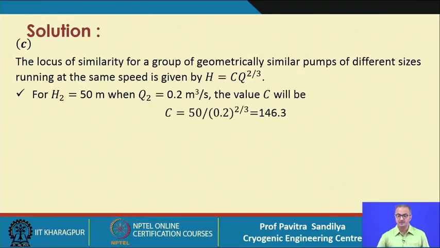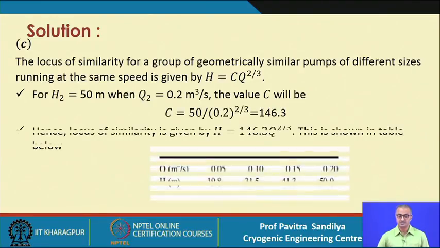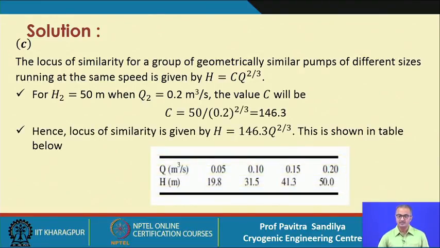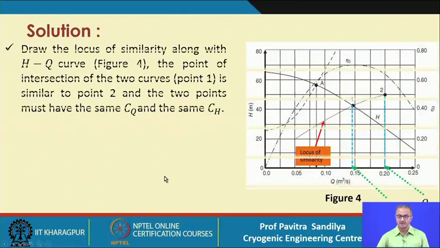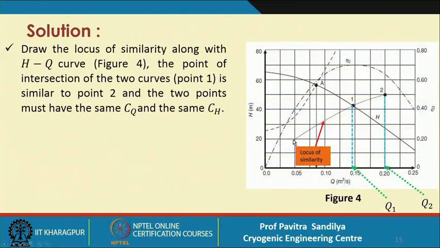So, we plug in the values and find the value of C, and now we can generate some values of H and Q to plot, and again we plot these values and find that this is the locus of similarity.